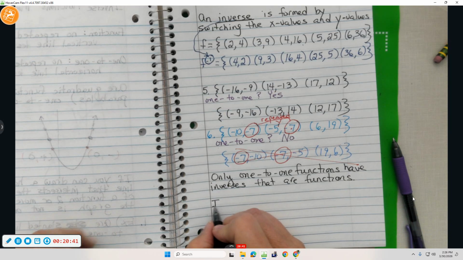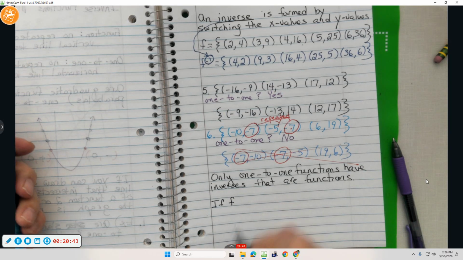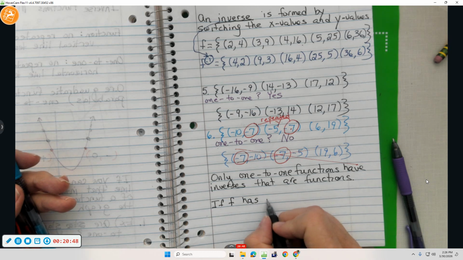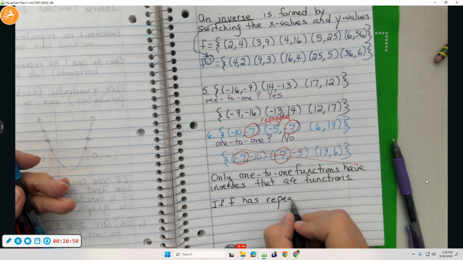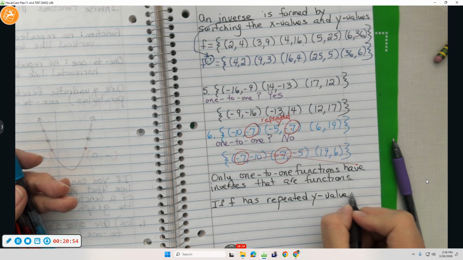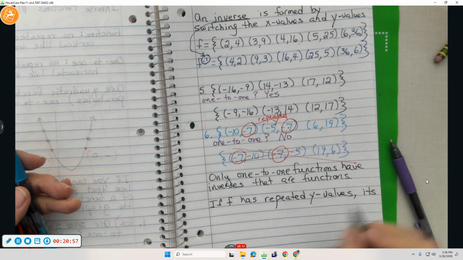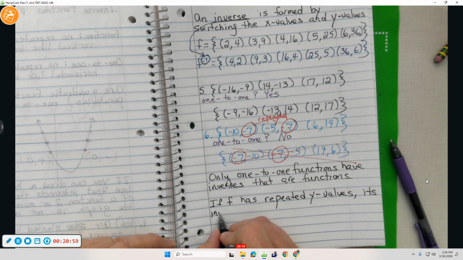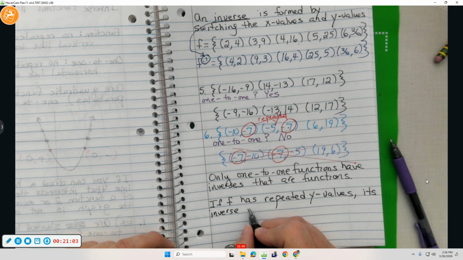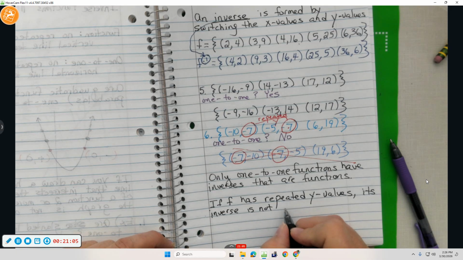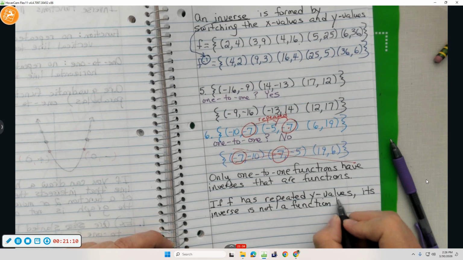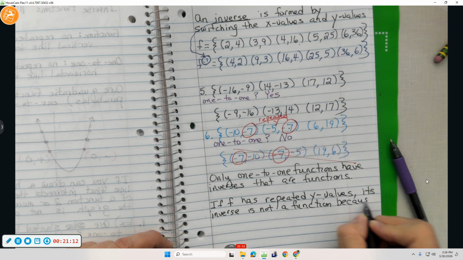In other words, if function f has repeated y values, its inverse is not a function because it has repeated x values.